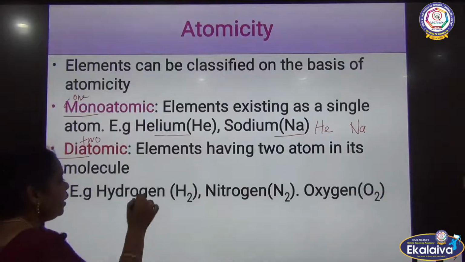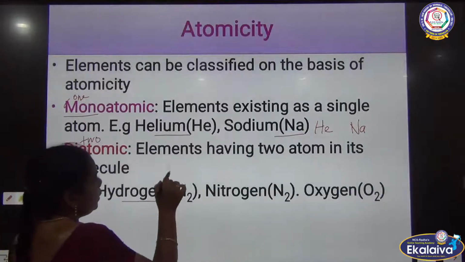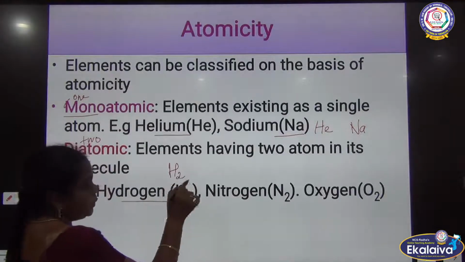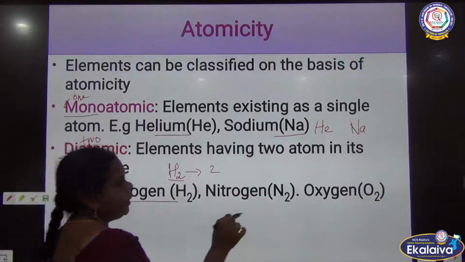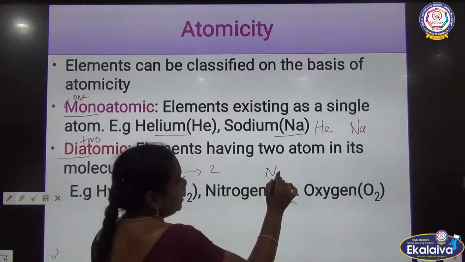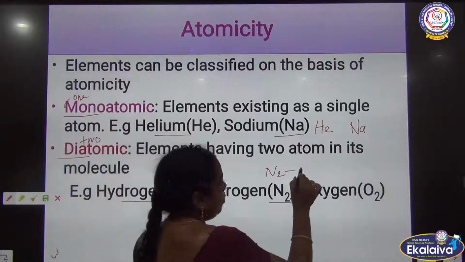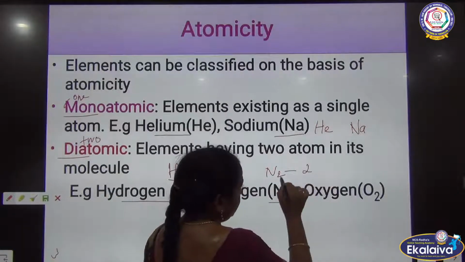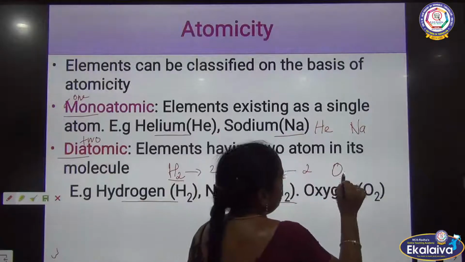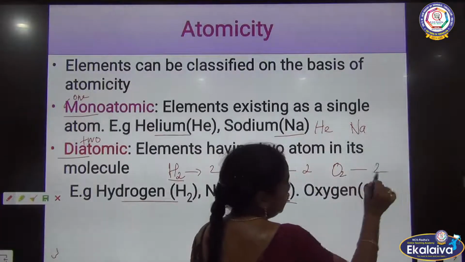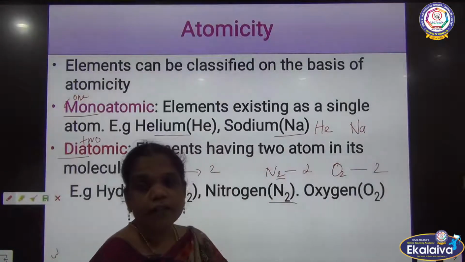Here see hydrogen, H2, what is the subscript? 2, so 2 hydrogen atoms. Here nitrogen, N2. What is the subscript? 2. And then oxygen, what is the subscript of oxygen? 2.